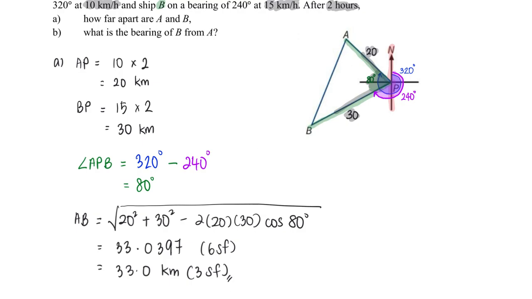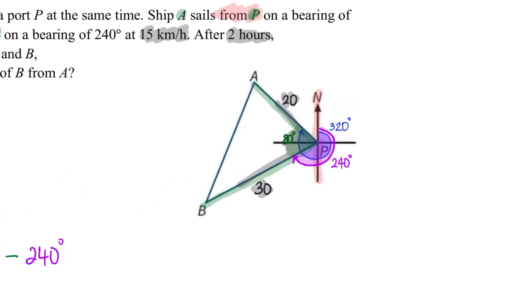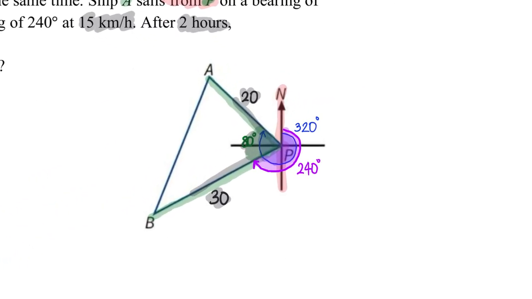Part B, what is the bearing of B from A? For part B, I'm going to go back to the diagram again. Bearing of B from A means that we will need to draw a north arrow at point A, and this will be the ending line.